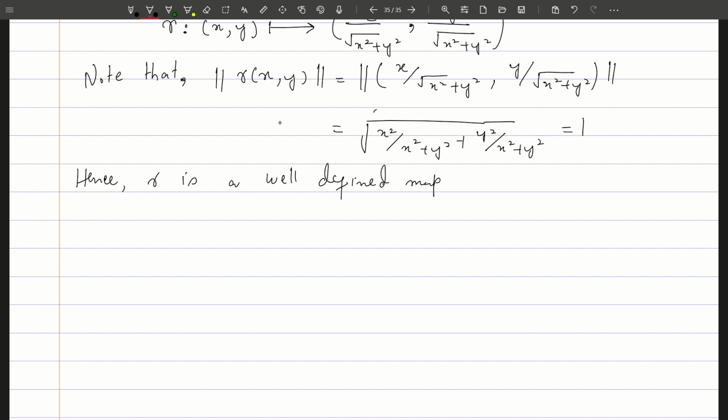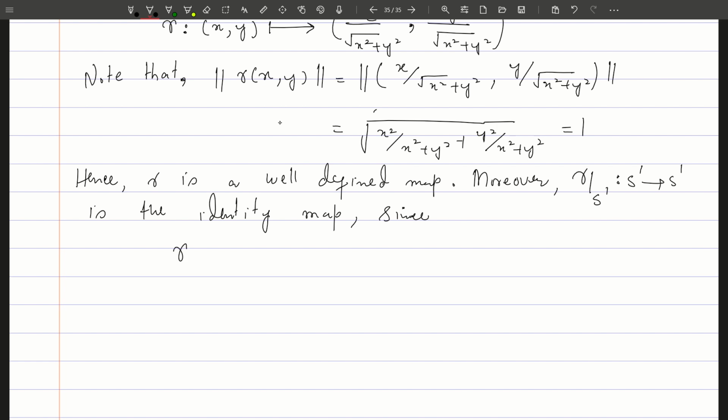Moreover, the map R restricted over S1, which is a map from S1 to S1, is the identity map, because for z in S1 we have z is same as z by norm z, because norm z is 1.